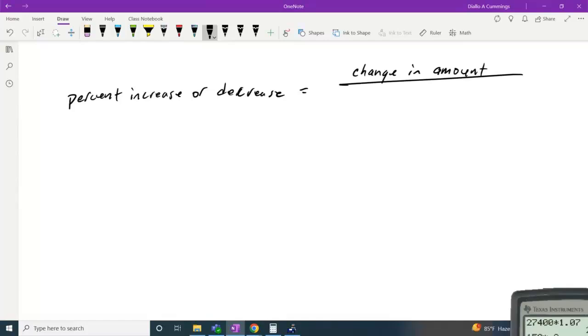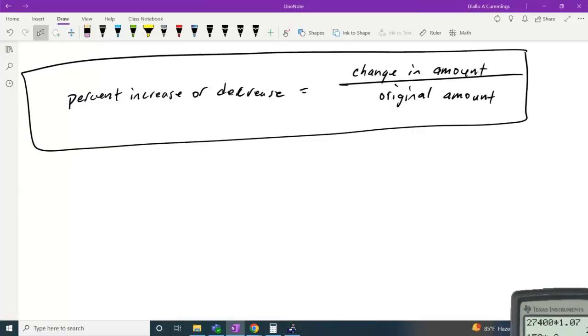Let's say you make $15 at your job, and then they cut your salary by $5, right, which puts you at 10. The change in amount is always a positive number, but it's either positive if that number is an increase, or it's still positive even though it's a decrease, right? So it's the change in the amount over the original amount.